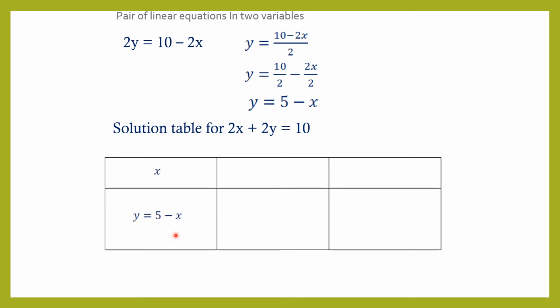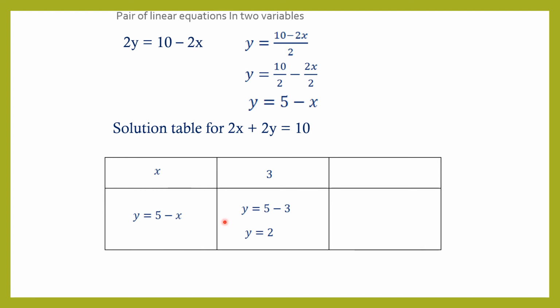You have to take any two values, x equals 1, 2, 3, 4 and so on, any value you wish. Suppose x equals 3. So what is the value of y? y equals 5 minus 3, then y equals 2.